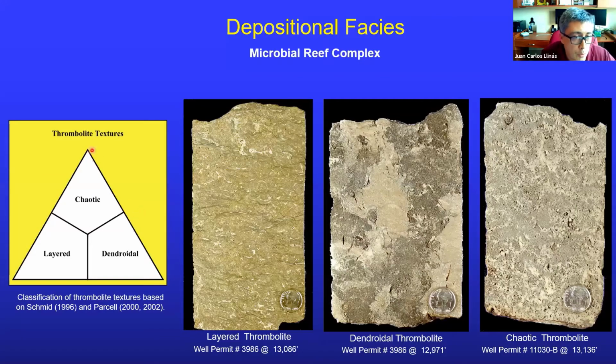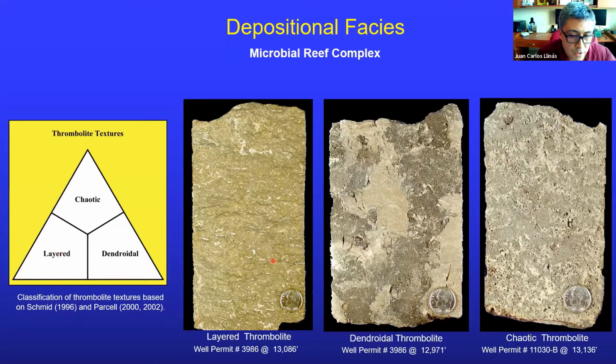Now, between thrombolites and non-thrombolites, we can differentiate also different textures. This is a classification made by Schmid in 1996 and then modified by Parcell. In these ones, we have what were defined as chaotic growth structures, like the one you see over here, with no preferential growth direction.